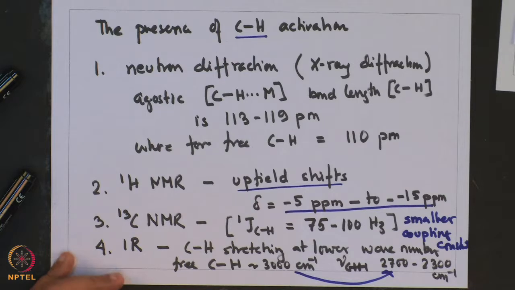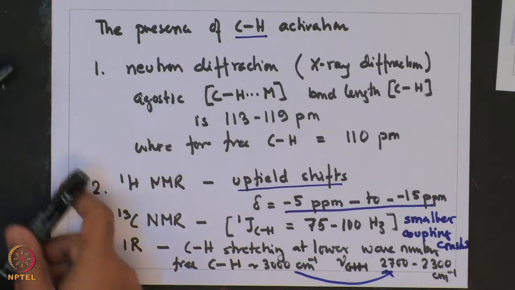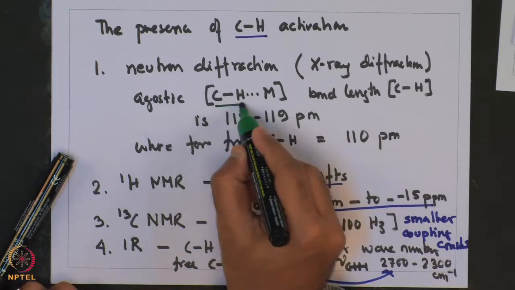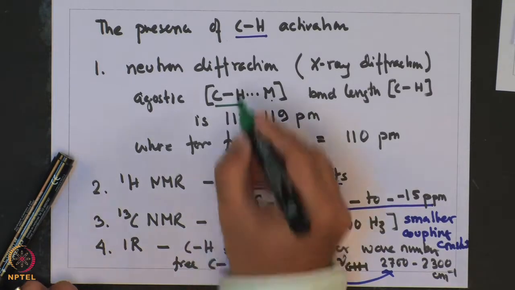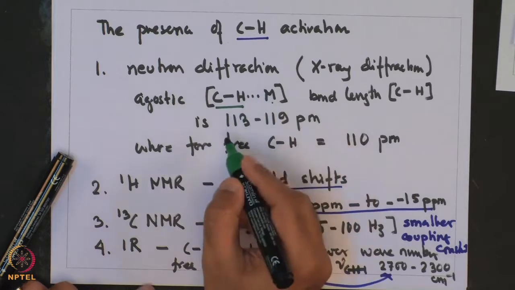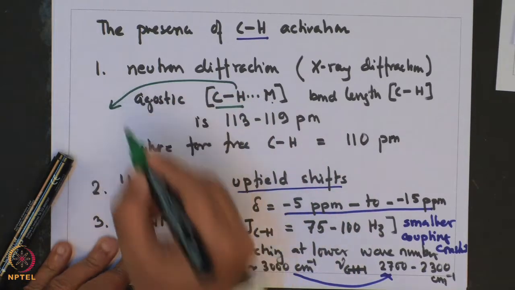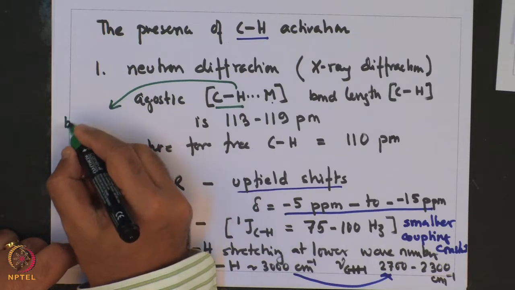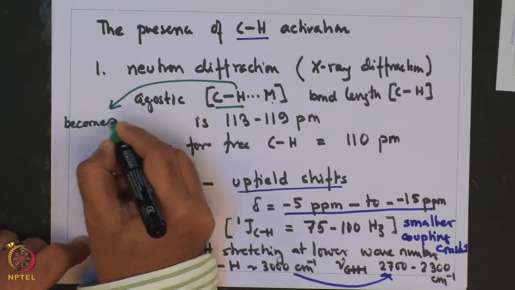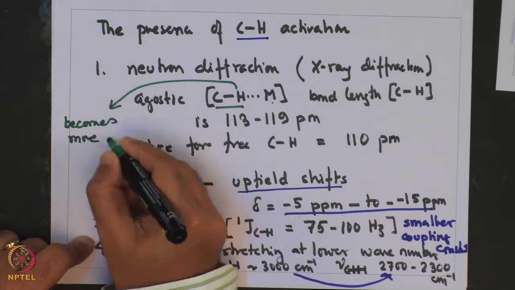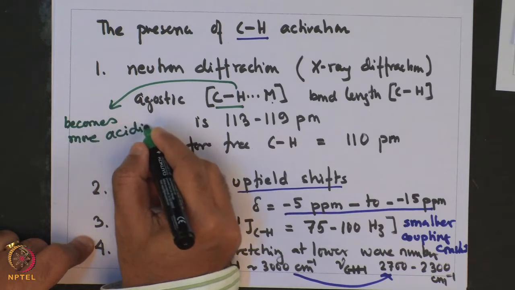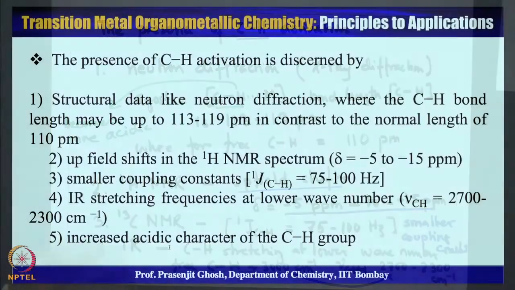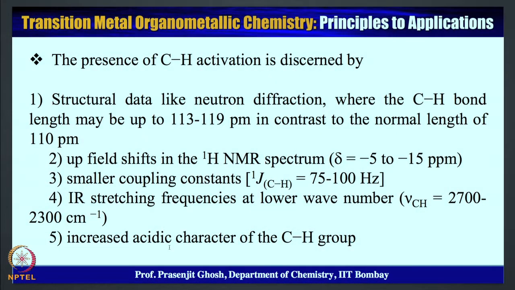As a result of this CH interacting with the metal center, the hydrogen in the CH becomes acidic, and it shows increased acidic character.